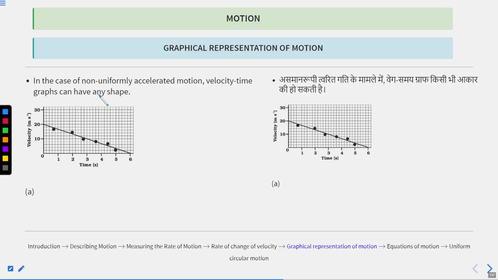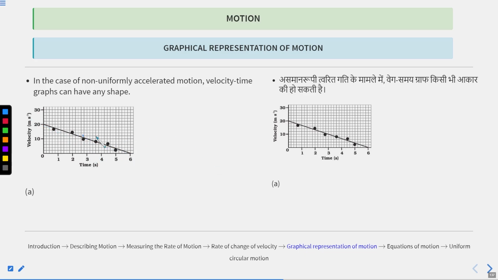In the case of non-uniform accelerated motion, the velocity time graph can have any shape except a straight line. Here the velocity time graph is a decreasing curve.